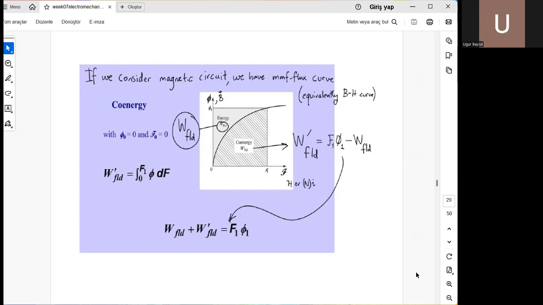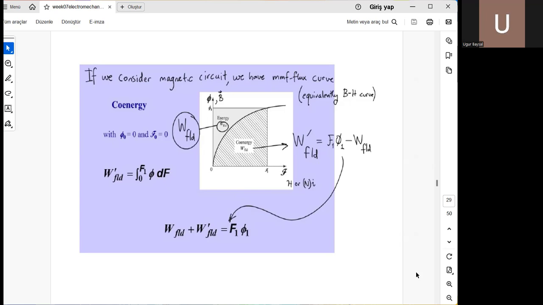The other area, between the curve and the horizontal axis, is called co-energy. So co-energy is like complementary energy. Actually, it does not represent a physical quantity. It's just a mathematical notation to give a name to its complement.